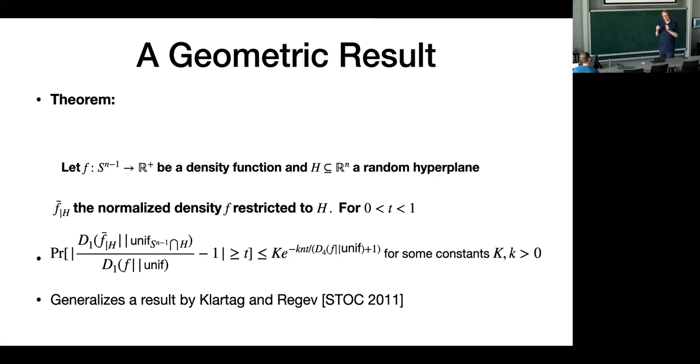It's a result that gives a concentration of measure, namely deviations by t go down exponentially in t. Our generalizations go from sets and their size to distributions and their density functions.